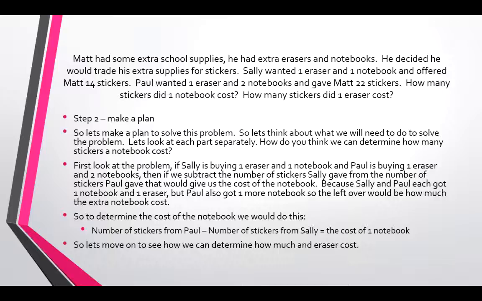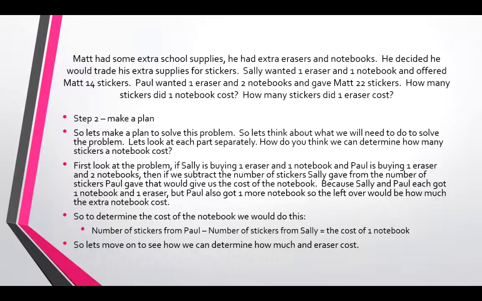So, if that's the case, then what do you think we could do to figure out how much one notebook cost? Well, if we took how much Sally was paying and how much Paul was paying, and we subtracted those, that would tell us how much one notebook cost.